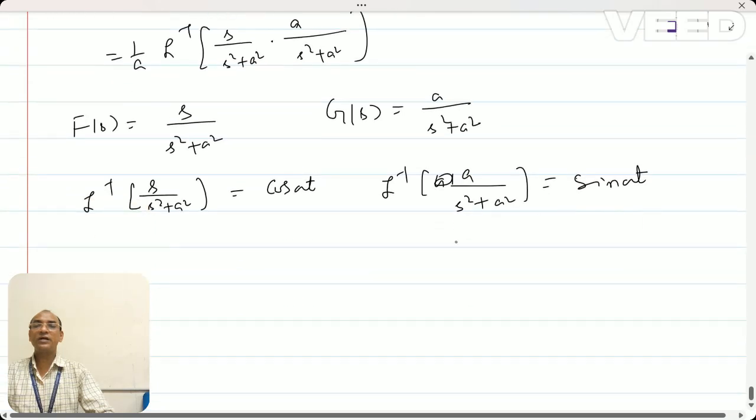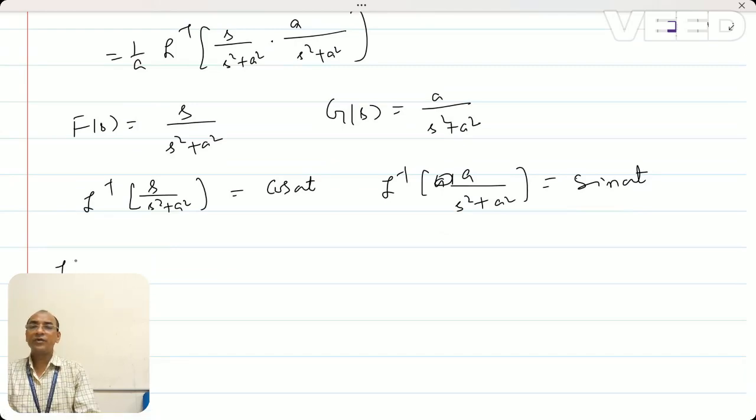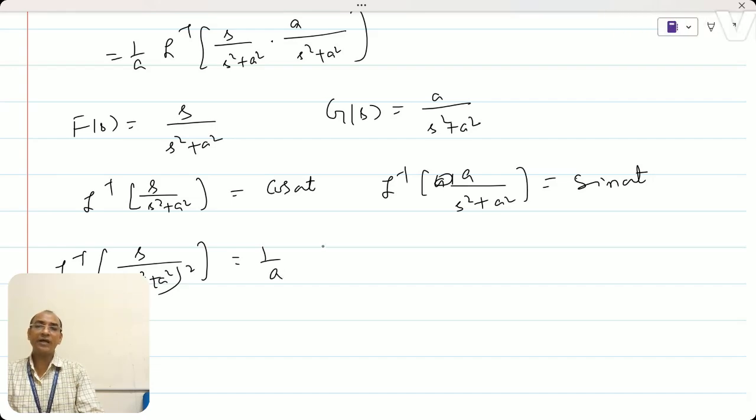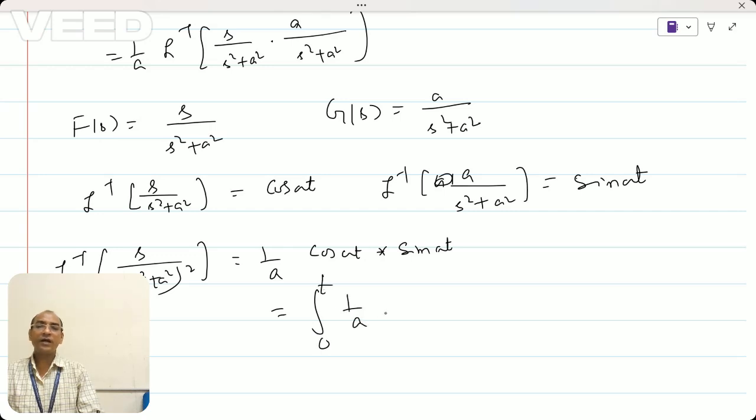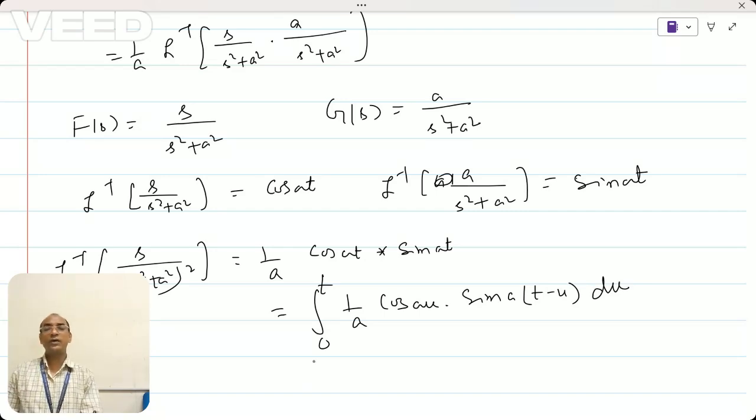So finally, L inverse of s by (s square plus a square) whole square is 1 by a cos at star sin at. This is equivalent to integration 0 to t of 1 by a cos au into sin a(t minus u) du.